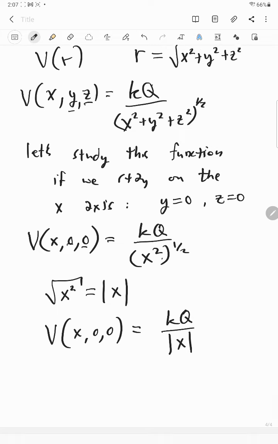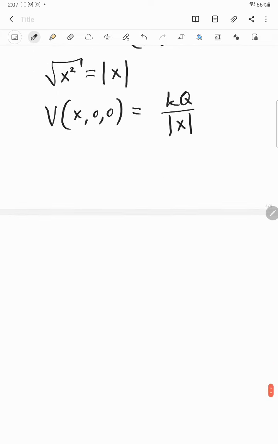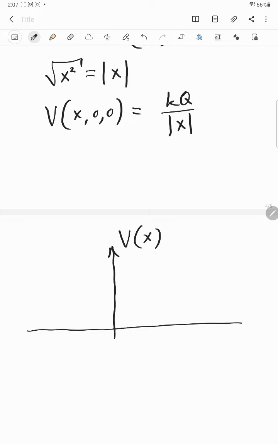It's this, and this deserves to be drawn really quick. If we agree to stay on the x-axis only, so y equals 0, z equals 0, then the potential function as a function of x is actually symmetric about x equals 0. This is different.